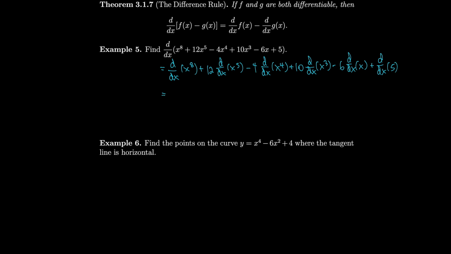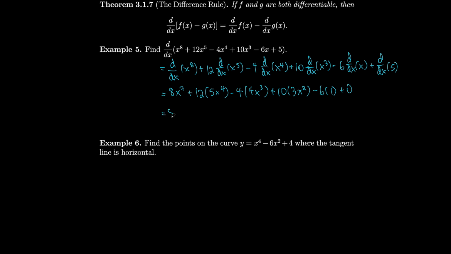Okay, so for our first guy, the derivative of x to the 8th is just 8x to the 7th. Then we've got 12 times 5x to the 4th. Then minus 4 times 4x to the third, plus 10 times 3x squared, minus 6 times 1, and the derivative of a constant is 0, so plus 0 for the 5.